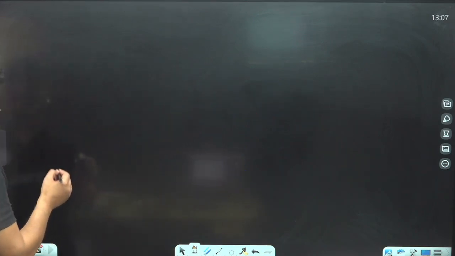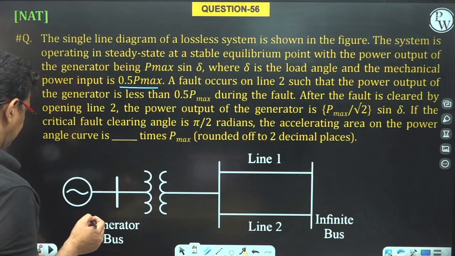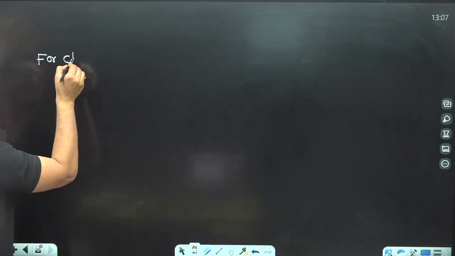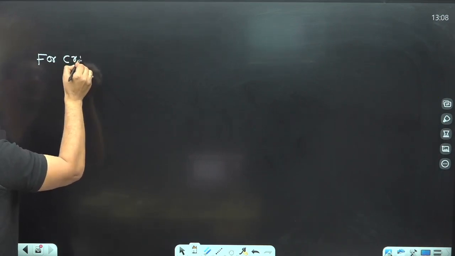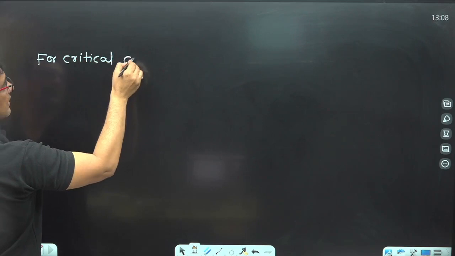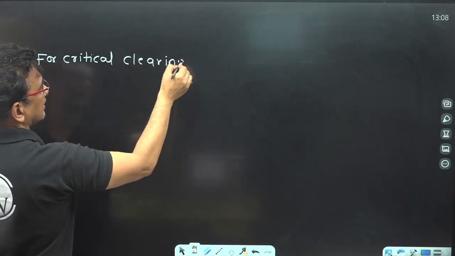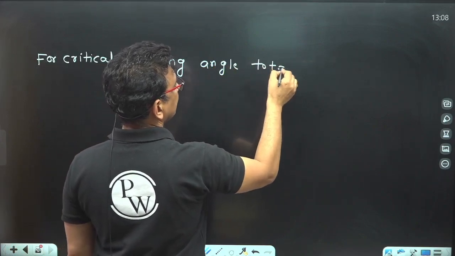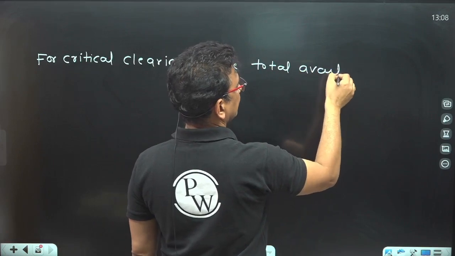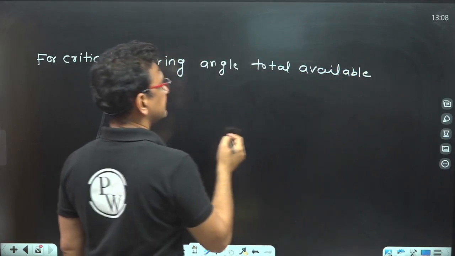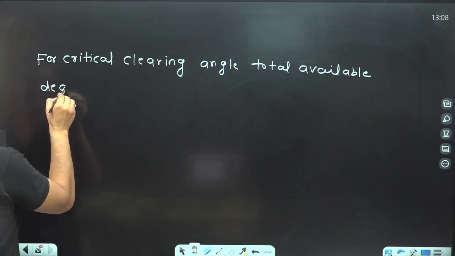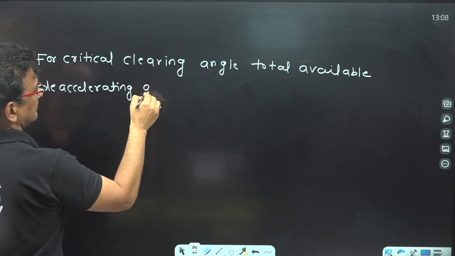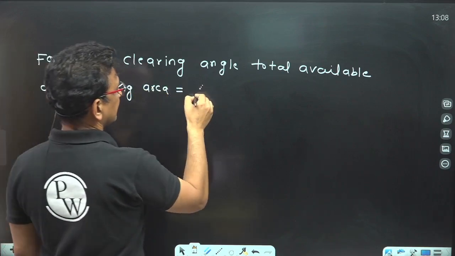So for the critical clearing angle, the total available decelerating area is equivalent to the accelerating area.